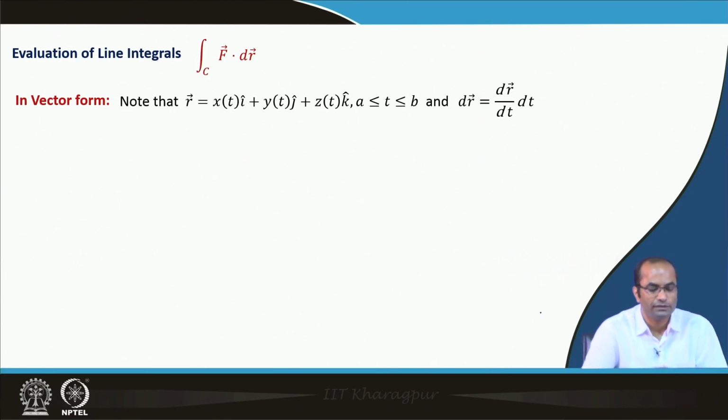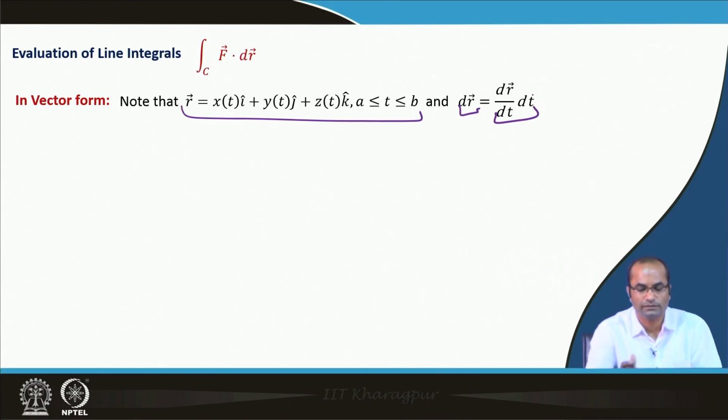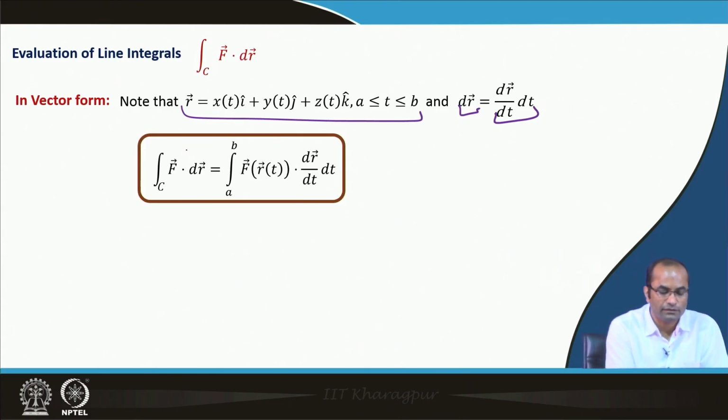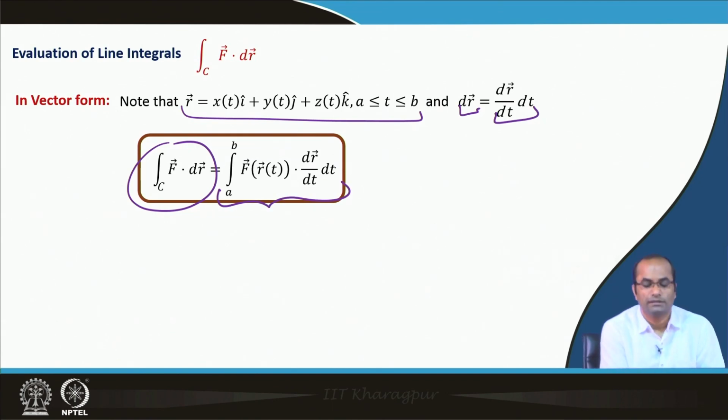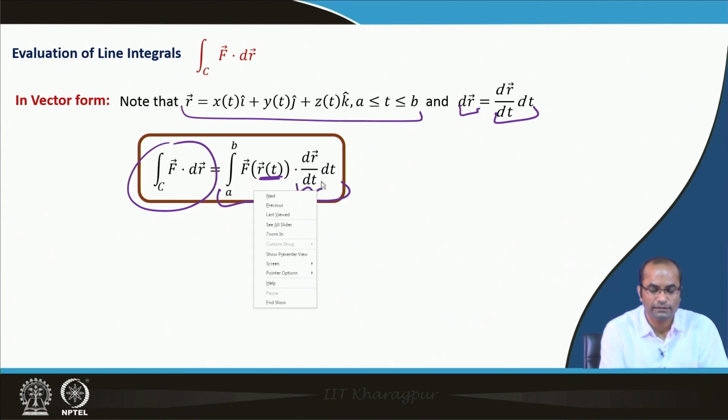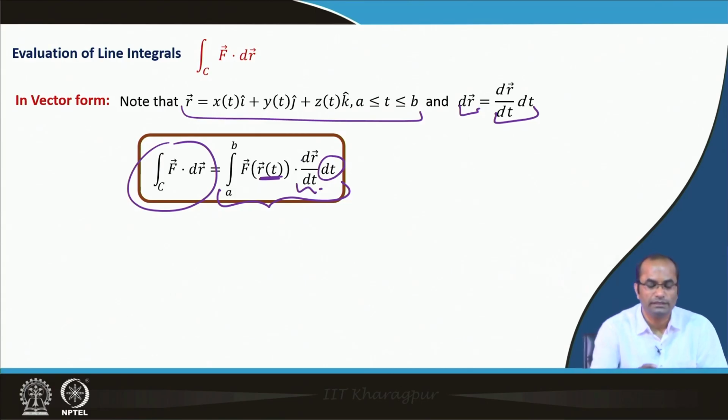The one we have just seen: if this is the equation of the curve, we can evaluate dr as dr by dt times dt, and this curve integral can be evaluated with the help of this single integral. In the vector field f, we substitute the parametric form x(t), y(t), z(t), and then dr by dt will be evaluated. This dot product will be integrated over t, and t varies from a to b.